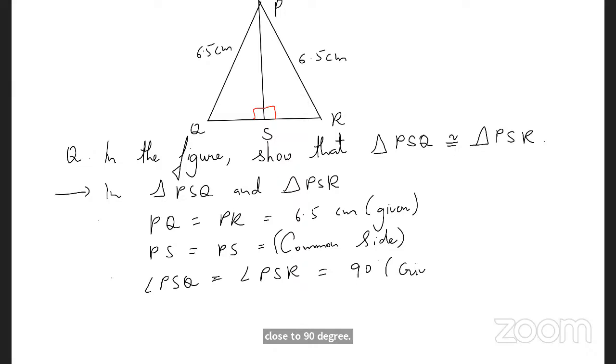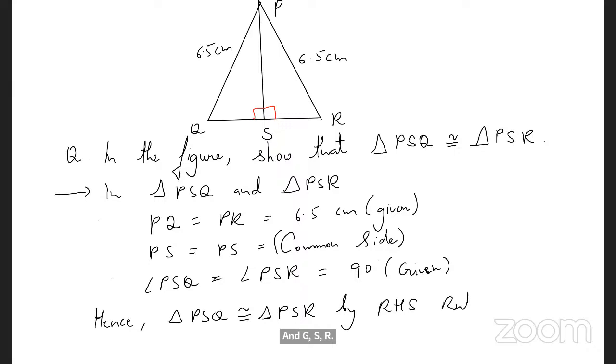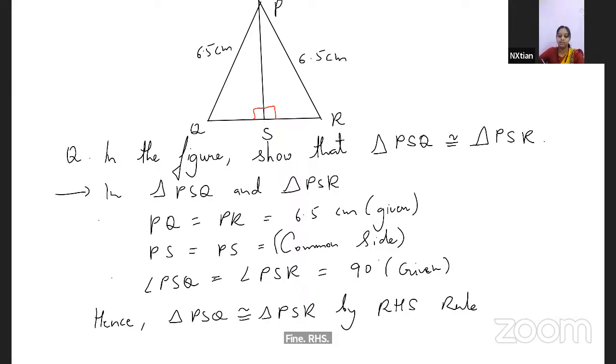This is also given. So hence triangle PSQ is congruent to triangle PSR by RHS rule. Hope it's clear to all. Yes, ma'am.